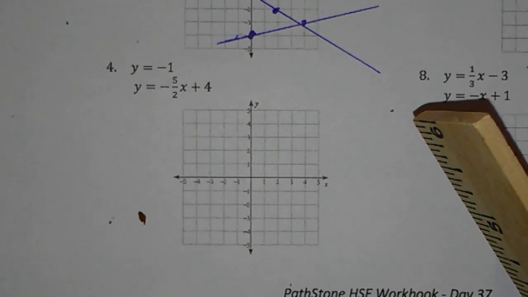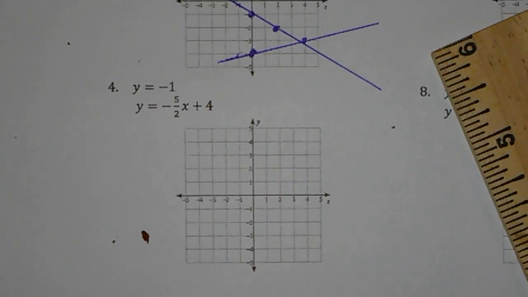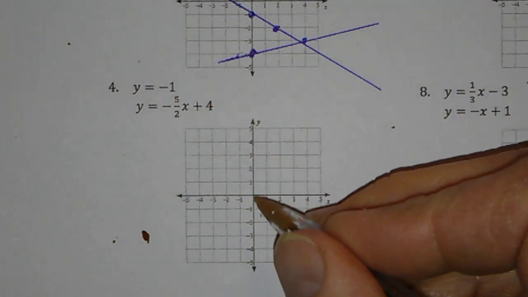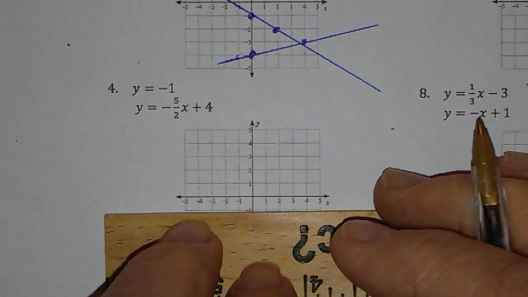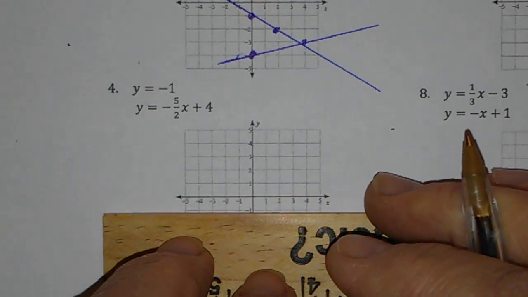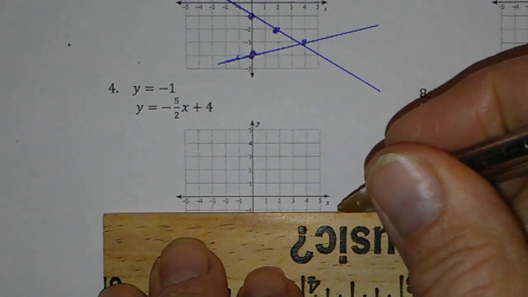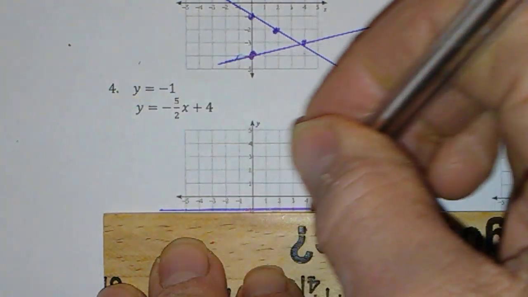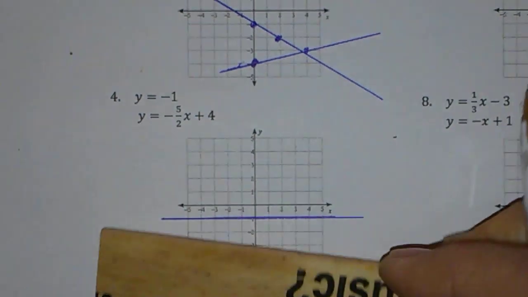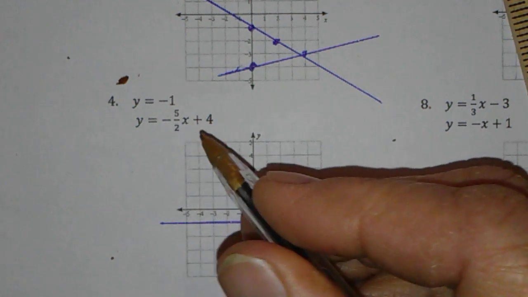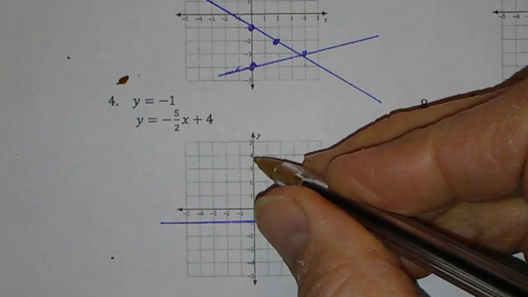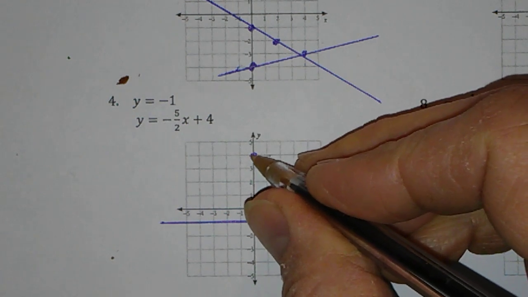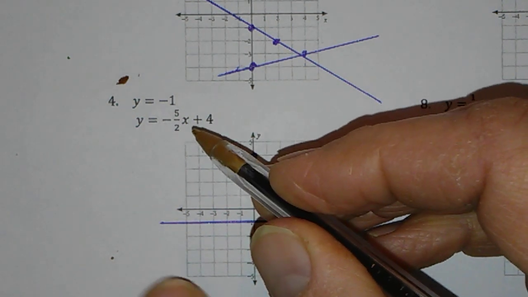Okay. And number 4, y equals negative 1. So that's already telling you this line. Y is negative 1. There is no x, so you just pick y. Here, y is negative 1. It's a horizontal line. Slope is 0, right? Let's see.